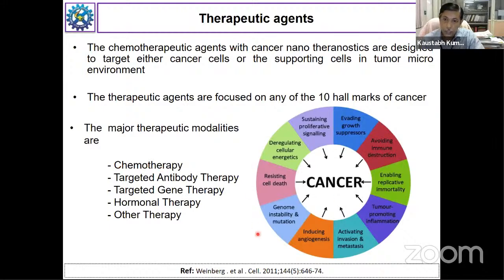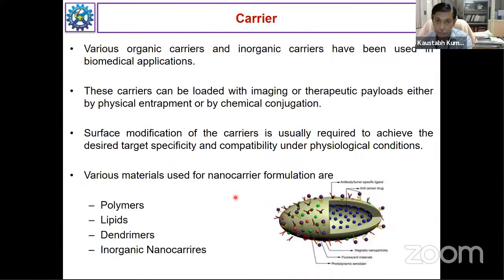In this pie chart, you can see there are 10 features of the hallmarks of cancer which can give rise to cancer. To fight that, we have therapeutic modalities, which may be small molecule chemodrugs, targeted antibodies which can be used as targeted therapy, non-viral or viral gene therapy, hormonal therapy, and other therapies which I'm going to discuss again.